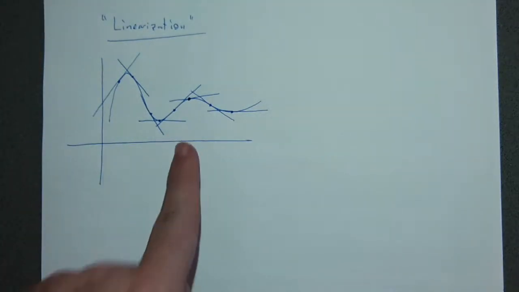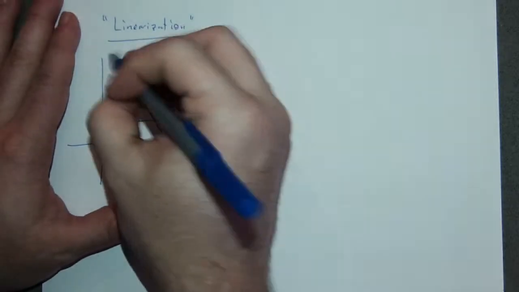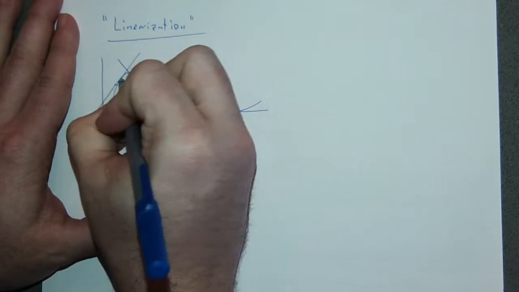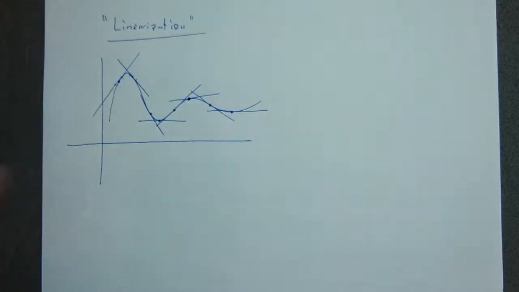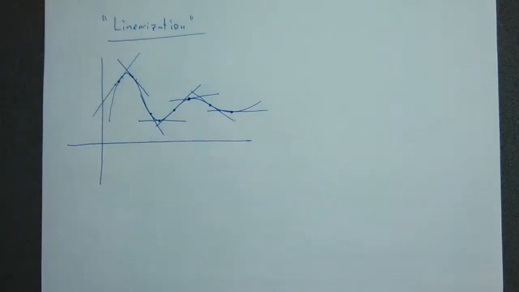So I've just drawn in a bunch of tangent lines here. The idea is that if I focus my attention very close by these points, then each of these tangent lines provide me with values that are approximately equal to the values on the curve itself.